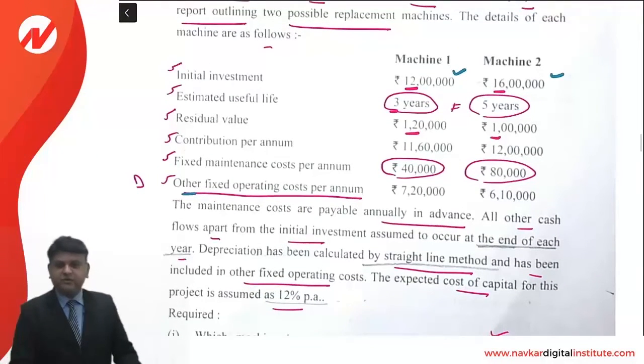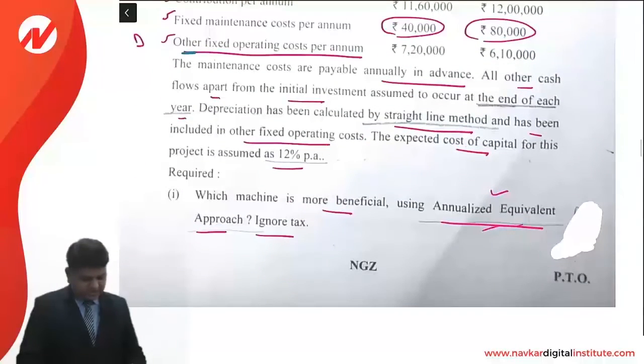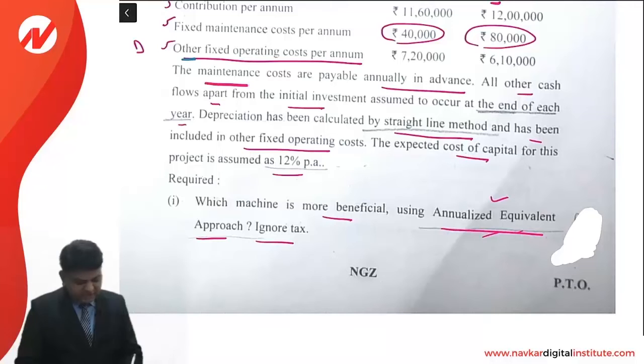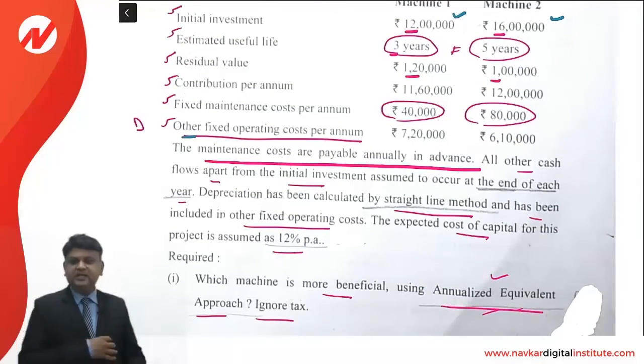Now step number 4, that is what I usually suggest: do the recurring cash flow. As far as the recurring cash flow is concerned, importantly it has been given to us that maintenance costs are required to be paid annually in advance. So I'm making the recurring cash flow excluding the maintenance cost. So what will happen, dear students?